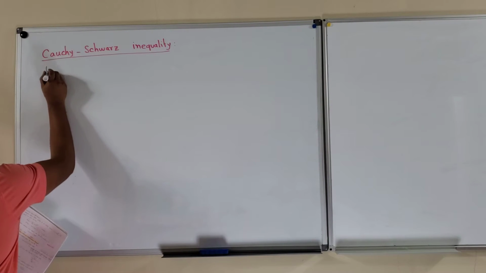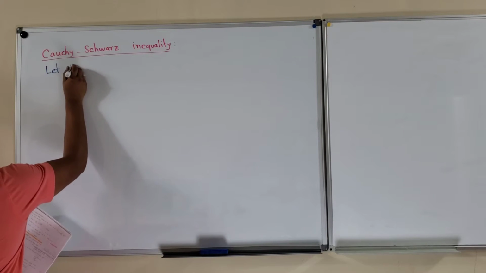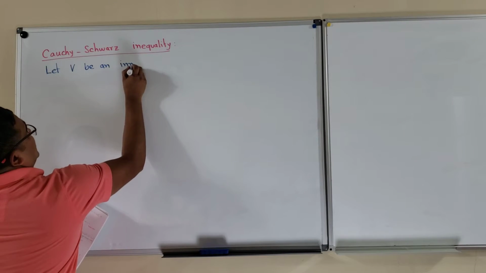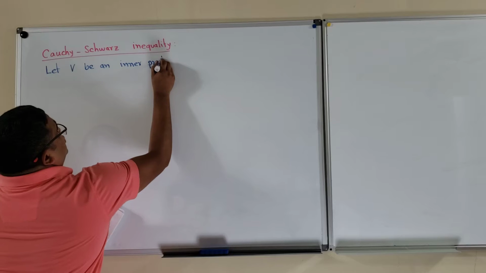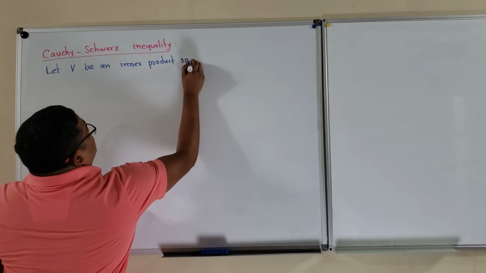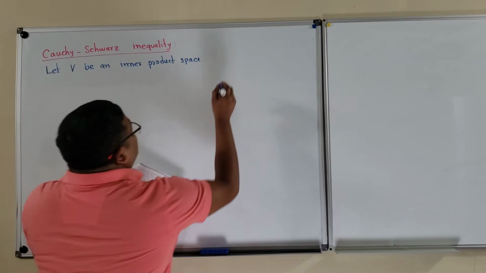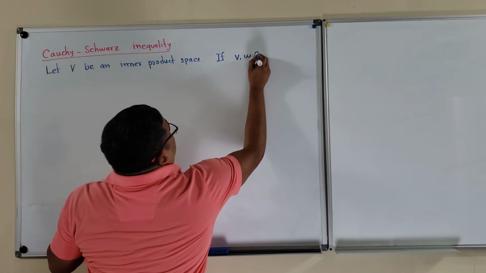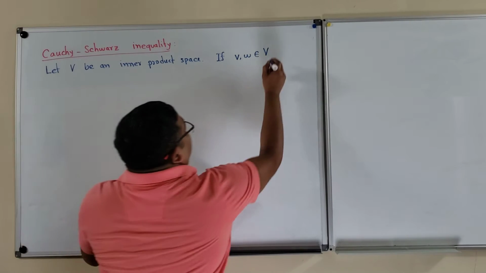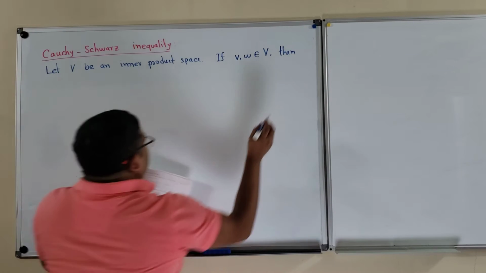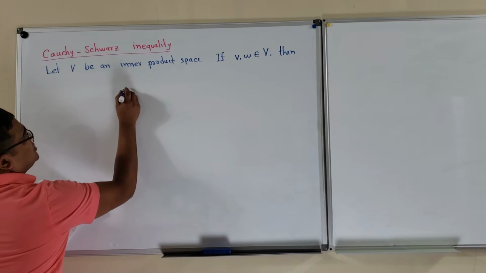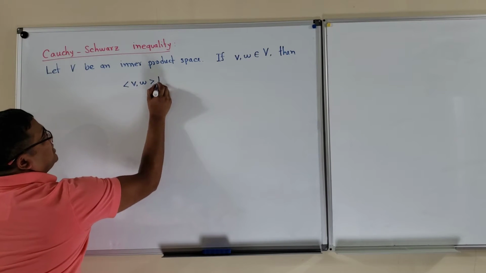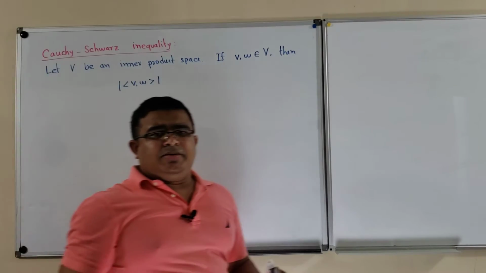Let V be an inner product space. If we consider two vectors v and w, elements of V, then take the inner product of these two vectors v, w, and then take its absolute value, because an inner product can be positive or negative.